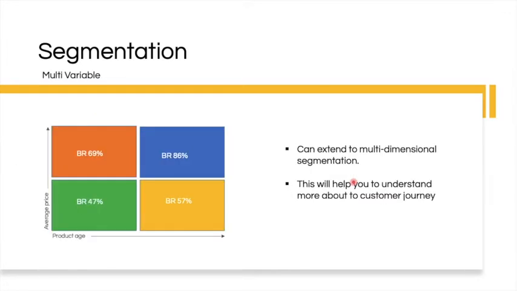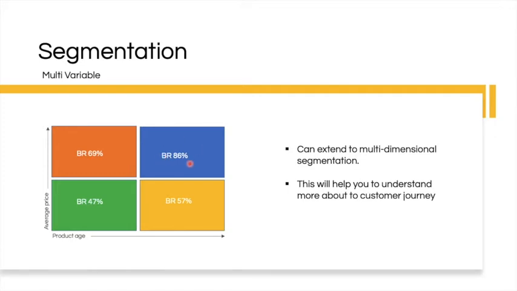And if we extend the segmentation further, you can look at the multi-variable bounce rate as well. Here you can see average product price, low and high, and average product age, low and high. So in this blue color box, you can see if the average price is high and the product age is also high, then the bounce rate is high, right?